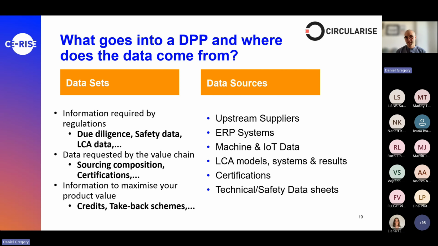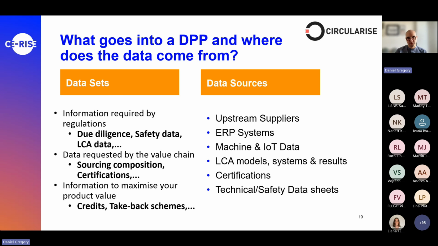So different kinds of sensors on say a production line or during the testing phase of different things. LCA models will create this, certification bodies will produce test results, and those test results have the data that you can then feed into the DPP, and different things like technical and safety data sheets. So all of these different places will have the kind of data that generally goes into the digital product passport for all of these different regulations.